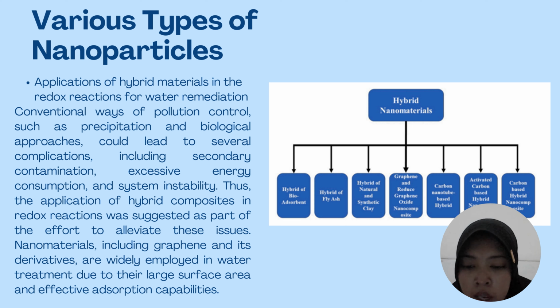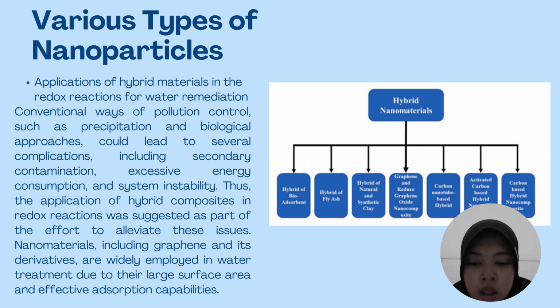Nanomaterials, including graphene and its derivatives, are widely employed in water treatment due to their large surface area and effective absorption capabilities. Scientists are developing graphene-based nanocomposites with improved photo-efficiency to break down contaminants and disinfect water, capitalizing on graphene-based nanomaterials' remarkable photocatalytic and antibacterial properties.